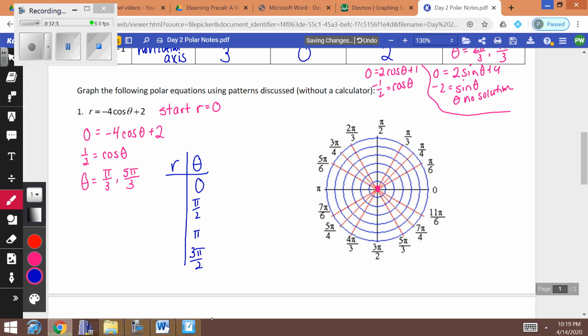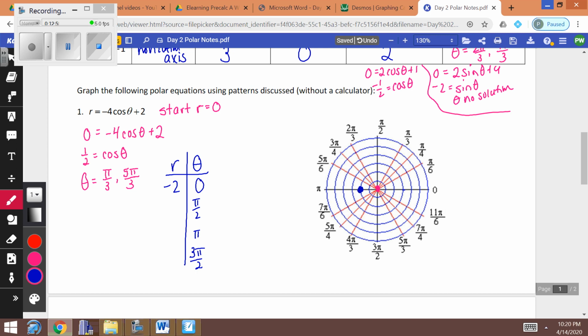If I put in 0, the cosine of 0 we know is 1. And then -4 times 1 is -4 plus 2, I get -2. So at 0, we're going to go in the -2 direction. Remember, positive would be over here along with 0. Negative would be in that other direction.